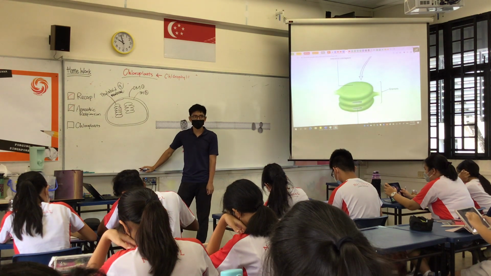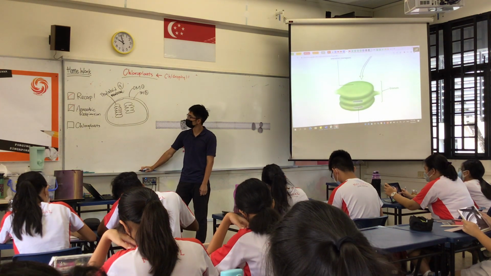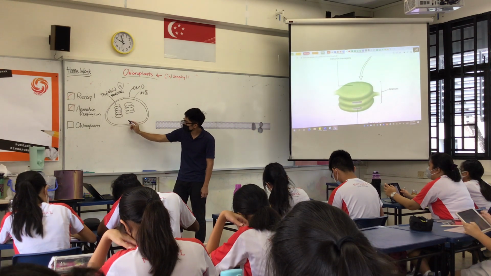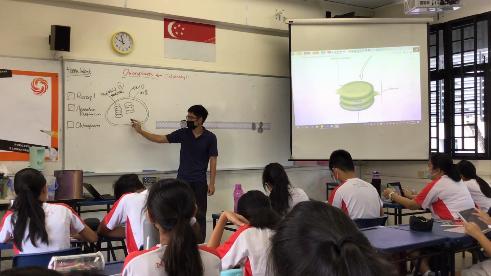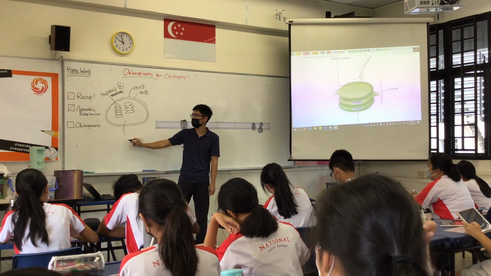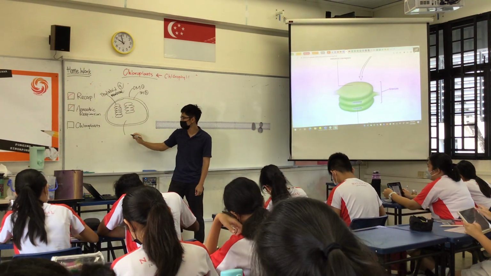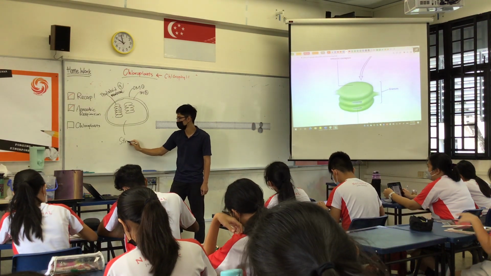Okay, other structures that are relevant to you. This space over here where the thylakoid, all these things sit in, is called the stroma.